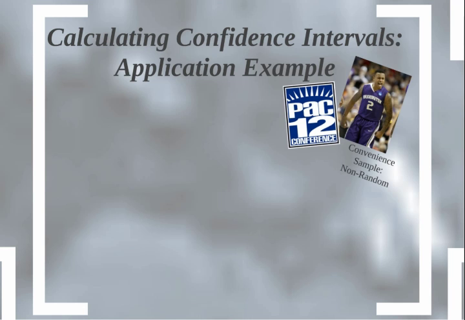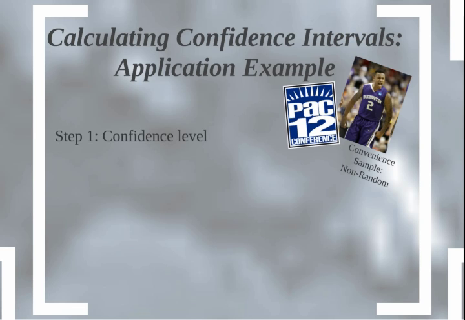And so what we're doing here is we're using the UW players to estimate the average height of all Pac-12 players. Again, this is not to say that all Pac-12 players will fall within this range, but what it's saying is the average height of all of the players put together will be within this range.